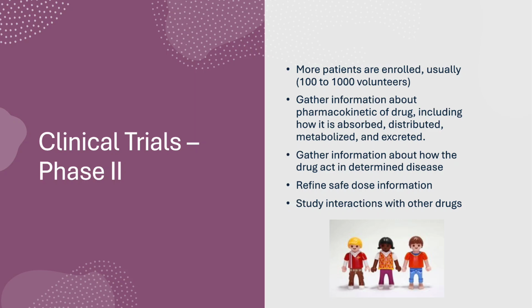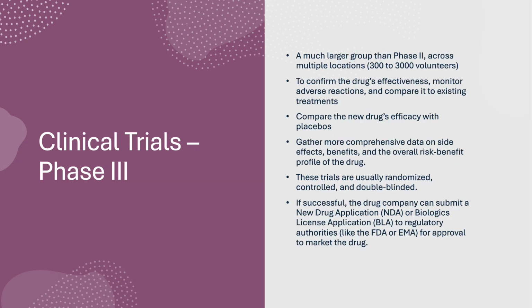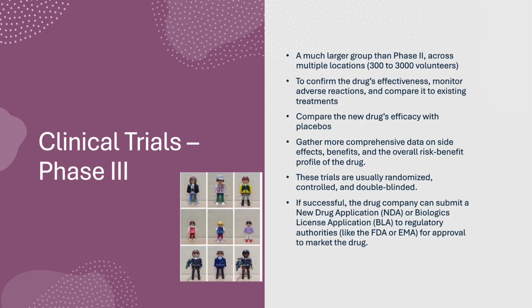If the drug shows more benefits than risks, it goes to phase 3. In phase 3, there is a much larger group of people than in phase 2. It is large-scale testing to confirm effectiveness and compare to current treatments.